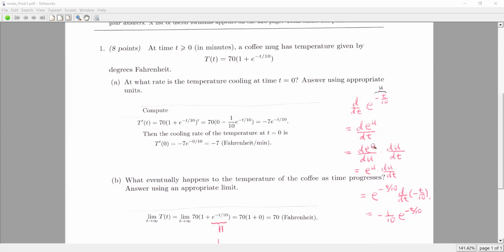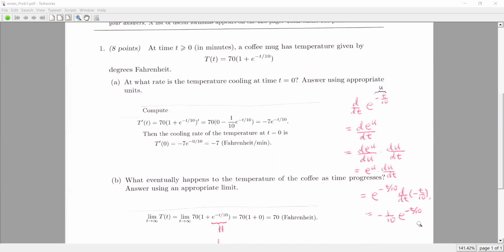Derivative of e to u with respect to u is e to u. Now delete u, remove u. Plug in negative t over 10 for u, then I have this equation. Derivative of negative t over 10 is negative 1 over 10.